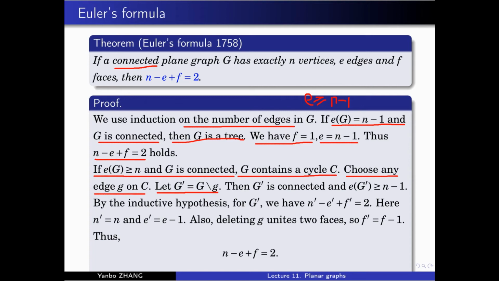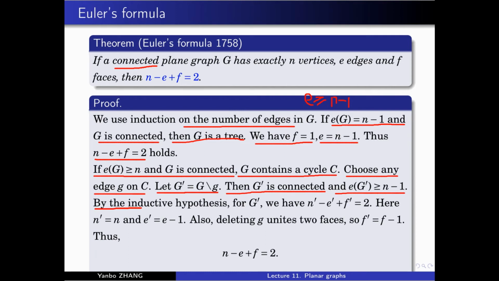So the new graph G prime and G have the same number of vertices, and the number of edges of G prime is the number of edges of G minus 1, because G prime is obtained from G by deleting exactly one edge g. Then G prime is connected because the deleted edge is from a cycle, and e(G prime) is greater than or equal to n minus 1.